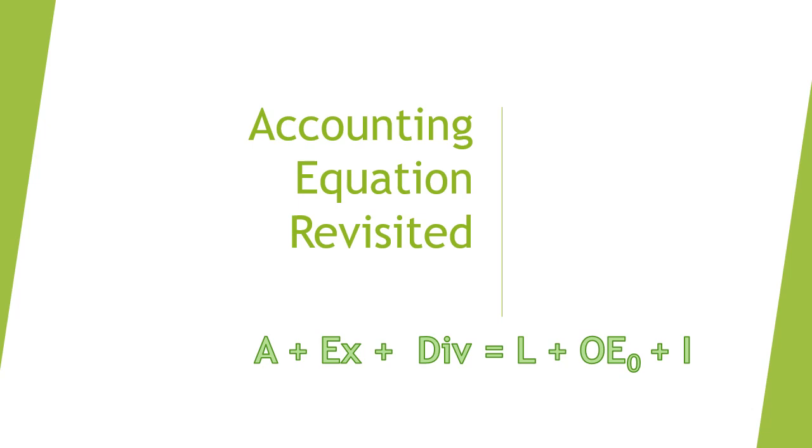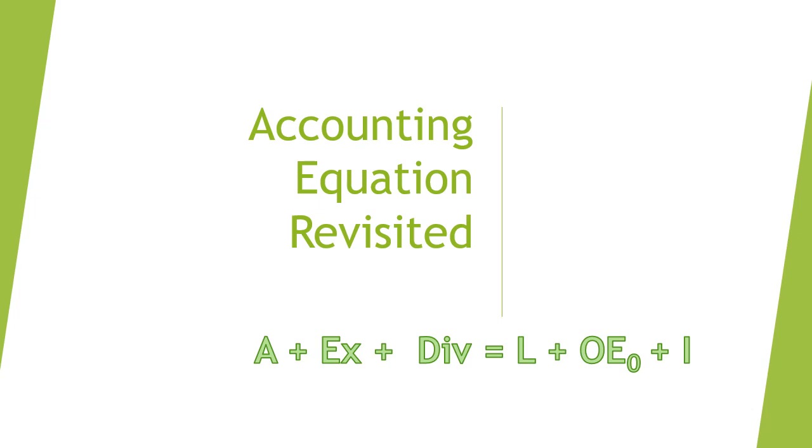So now I have asset plus expenses plus dividend is equal to liability plus owner's equity plus income. Now let's observe this equation a little carefully.